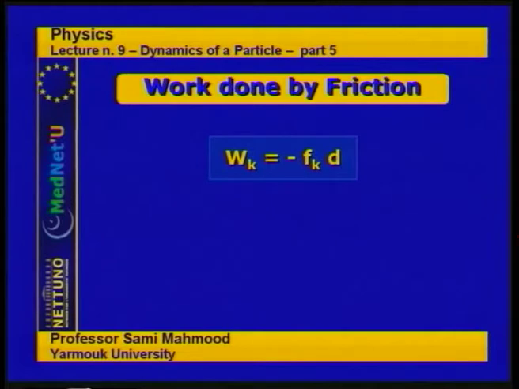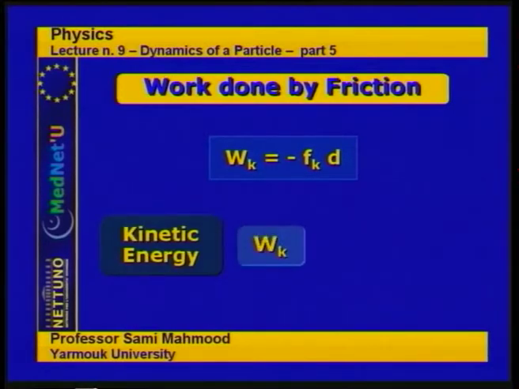And since the kinetic friction always acts in the direction opposite to the motion or displacement, there is an angle of 180 degrees between the force and the displacement, in which case cosine phi is equal to minus 1. Thus the work done by friction is always minus F sub k times the distance traveled by the object. This is a negative work.